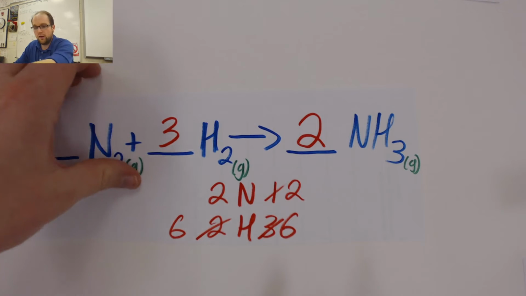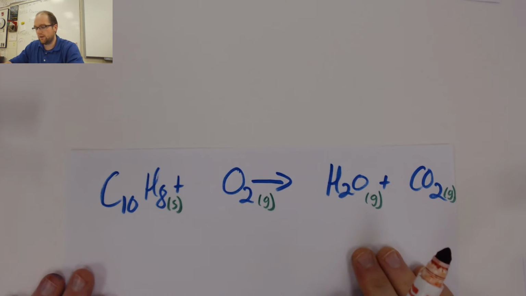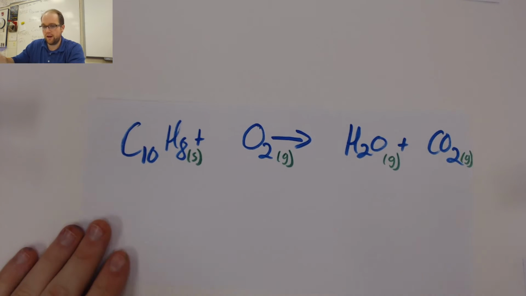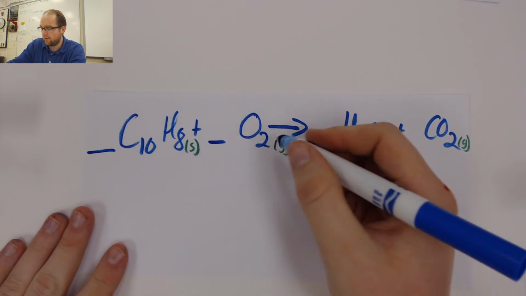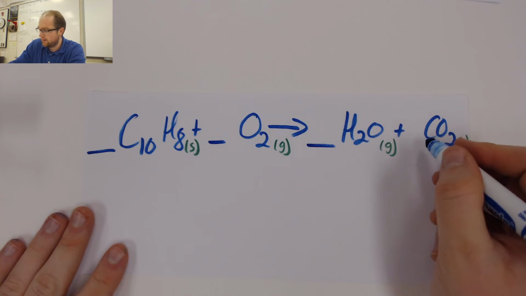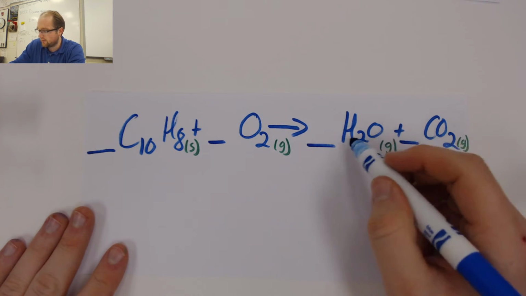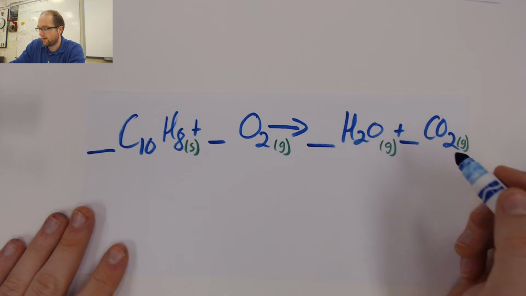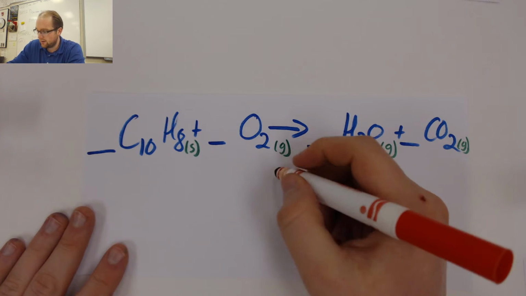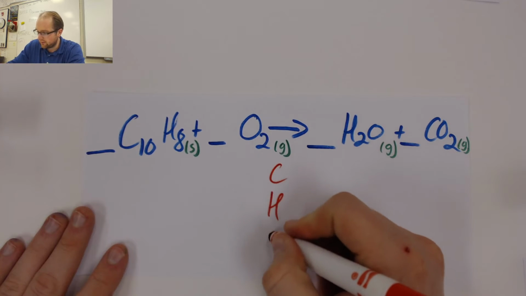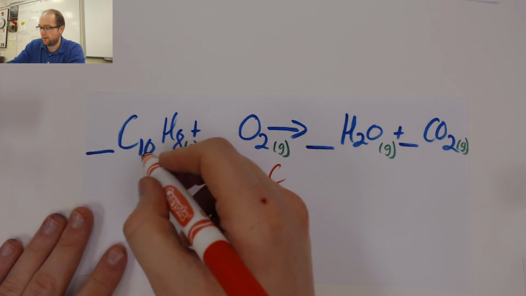Let's take a look at a quick, trickier one maybe. Here's an example of a combustion reaction where I've got some solid fuel reacting with oxygen gas to make water vapor as a gas and CO2 as a gas. So here I've got carbons, hydrogens, and oxygens. I'm going to go a little quicker here.